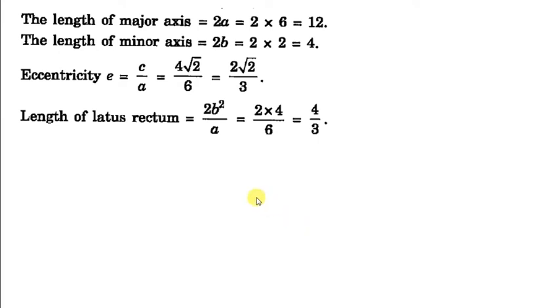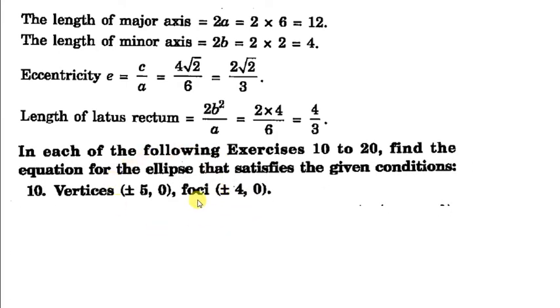The next type of questions included in this exercise is where we have to find the equation, and certain conditions are given. So here in this question, the vertices of the ellipse are given and the focus are given. So we have to find the equation.